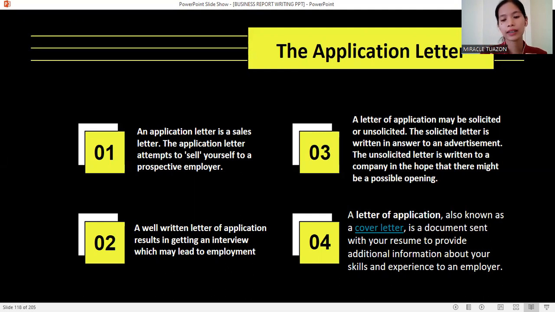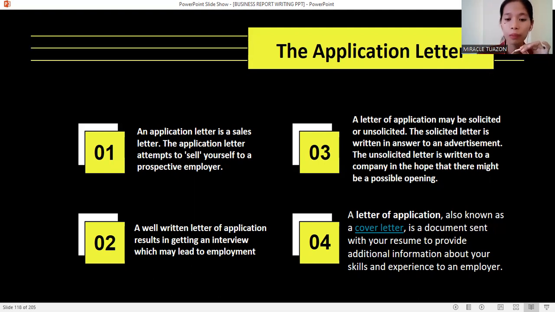Gets po? Next, an application letter is also known as cover letter. Cover. So, para siyang, di ba, sa word na cover, pantakip or pantago. So, without even seeing the prospective employee, parang makikita niya na yung skills, abilities, and services na pwedeng mai-contribute ng employee sa kanyang business or company through writing the application letter, sa pagbabasa niya ng application letter ng employee.